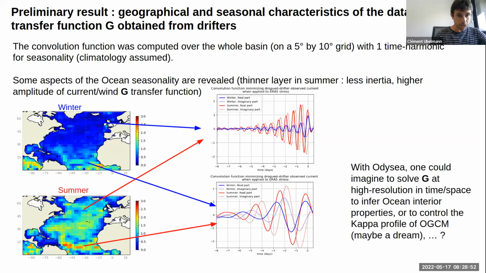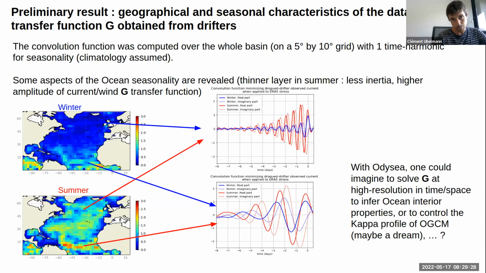And what I found interesting, and with probably some perspectives when we'll have much more surface current and even surface current wind data, is that even here from the drifter database, we can already characterize many things from this operator transfer function. For instance, we can see that in the summer the amplitude is much larger because, as we already saw in the example of the drifter in August in North Atlantic, the mixed layer depth is shallow.